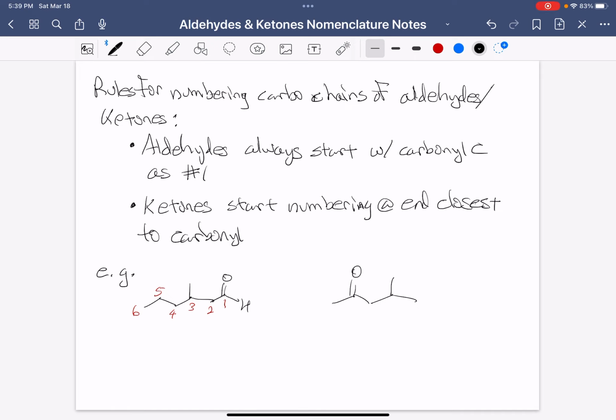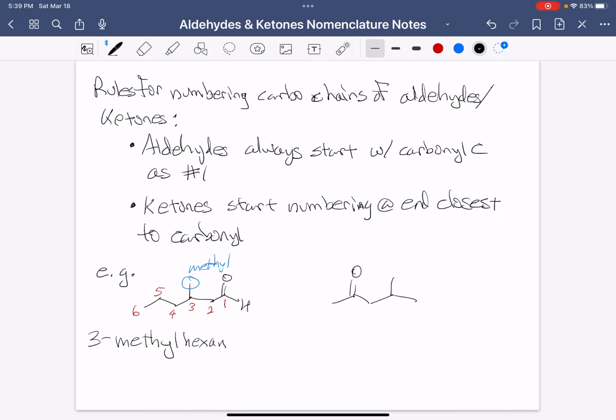All right, so this is going to be 3-methyl, because that there is a methyl, carbon with 3 hydrogens. So this is 3-methyl, and then we have 6 carbons in the main chain, so that's hex, hexane.